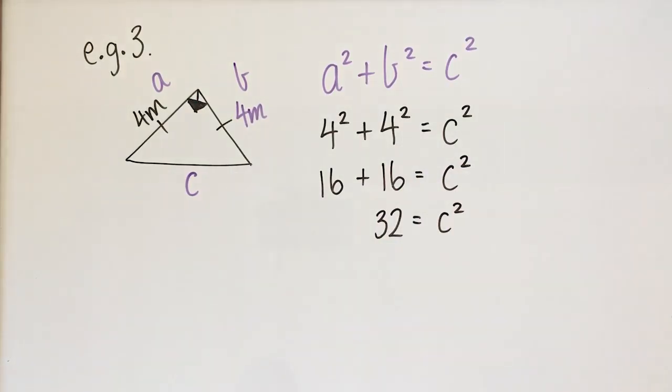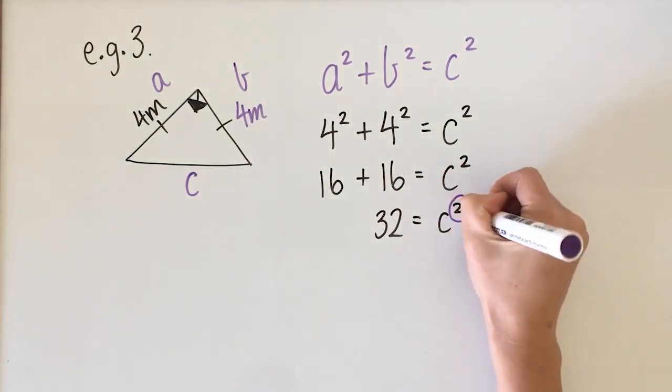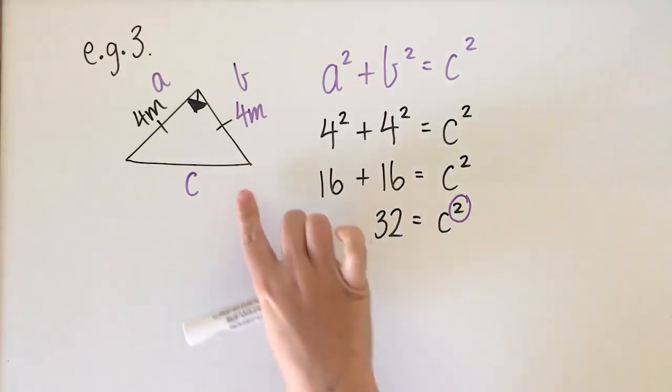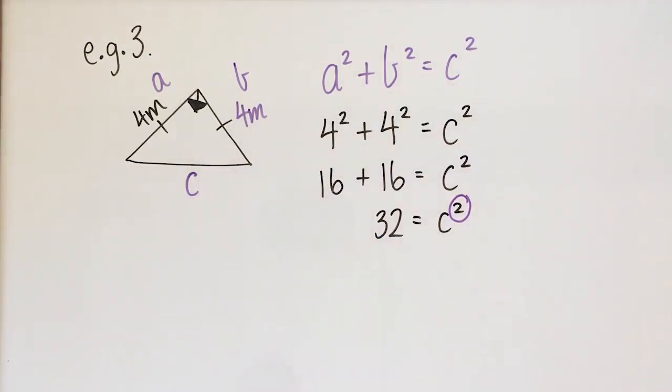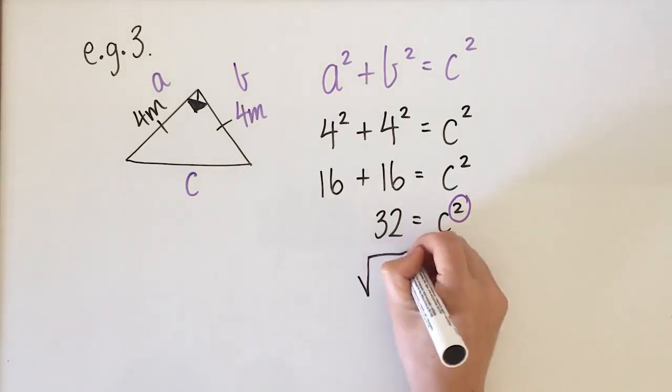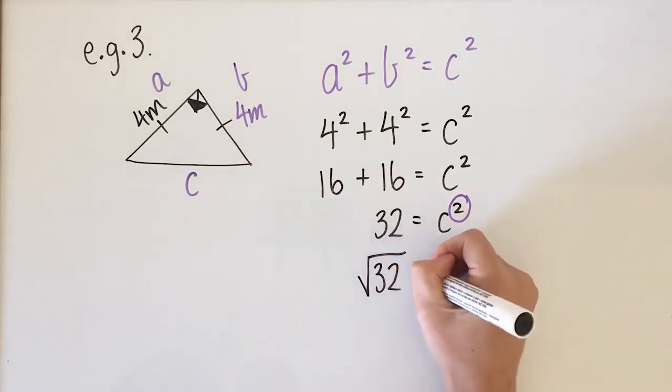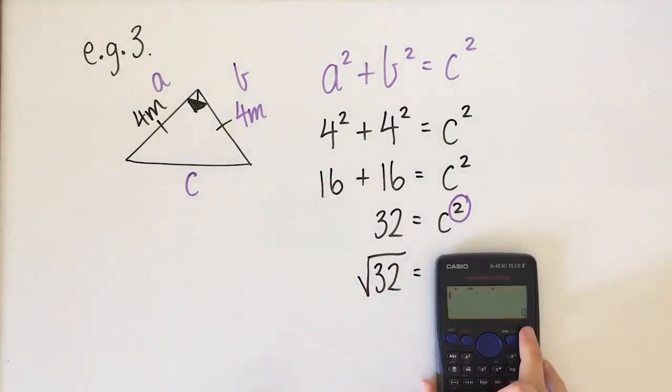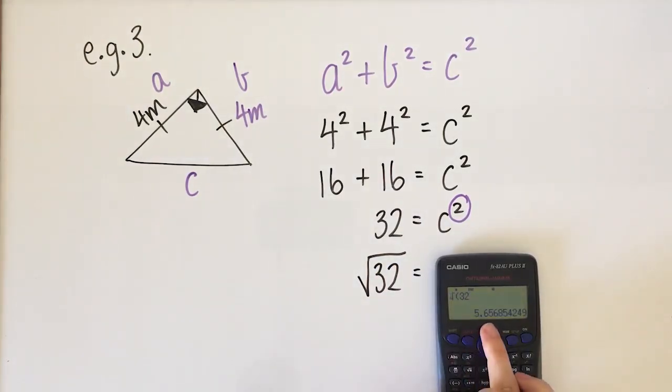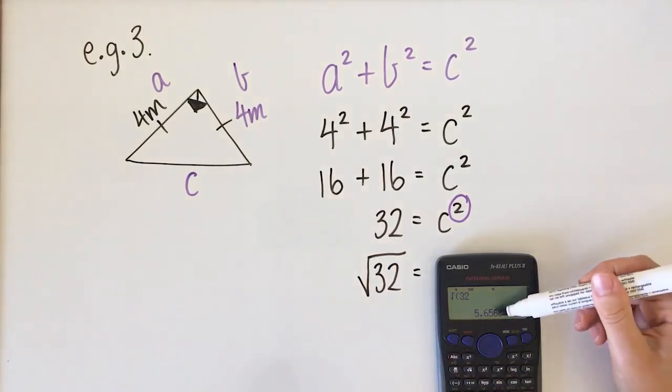Are we done? No, we're not, because we've still got this squared. And also 32 would sound really stupid here. So we are going to make this the square root of 32 on your calculator. Square root button, 32, 5.656. If we're rounding to 2 decimal places, we have to look at this 6.